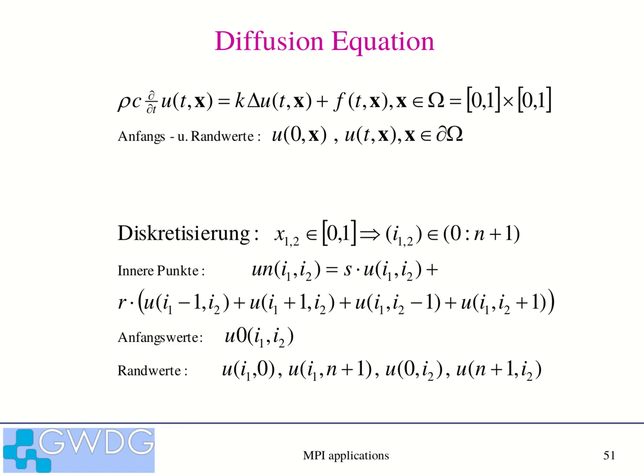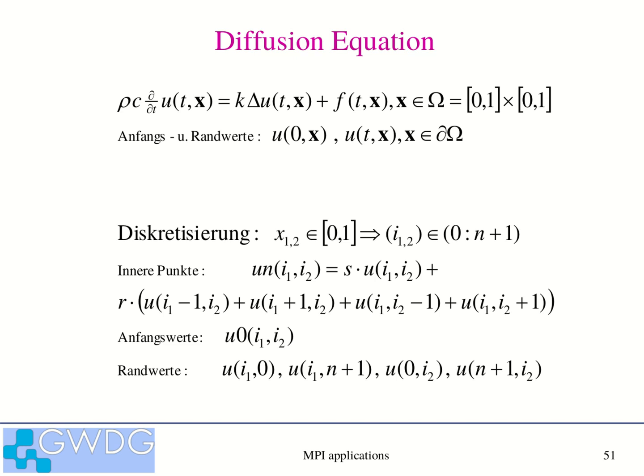So we approximate the interval from 0 to 1 by n plus 2 points, where point 0 and point n plus 1 are the boundary points, and I have n inner points in each direction, which will change. But at the boundary, the values will not change because I have fixed boundary values.